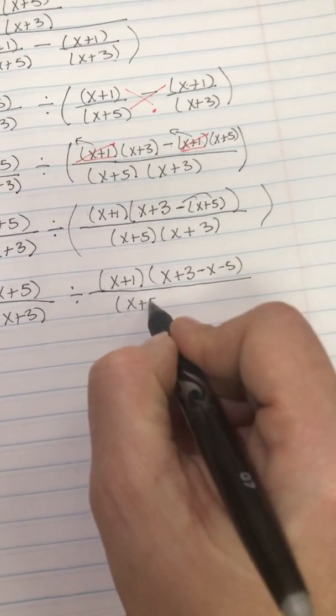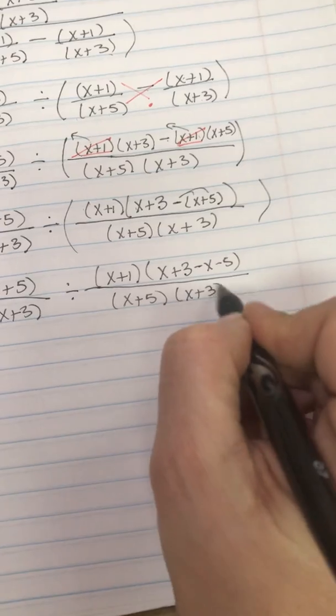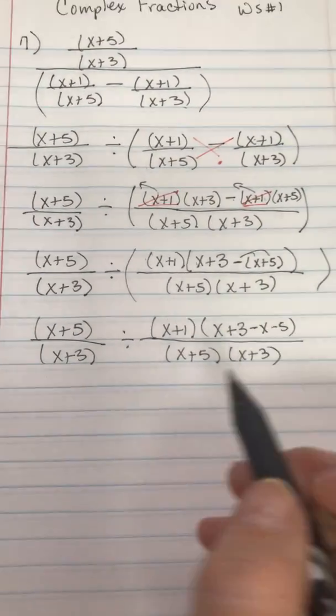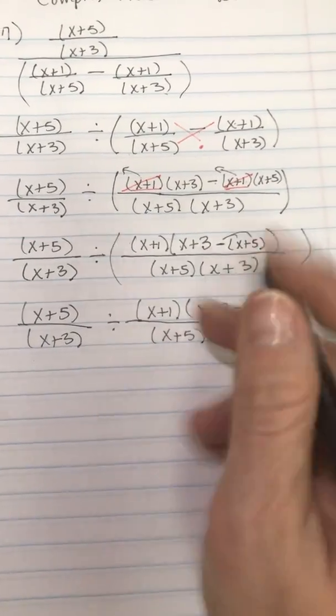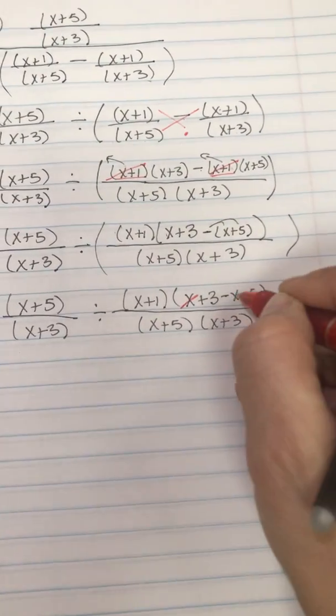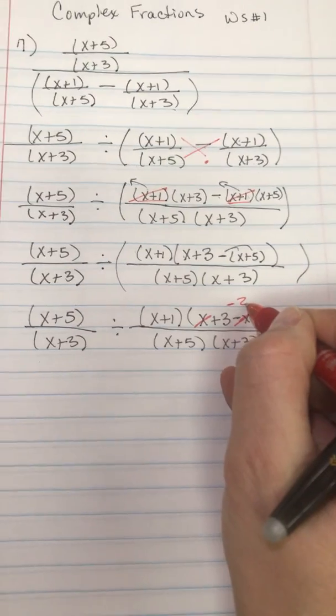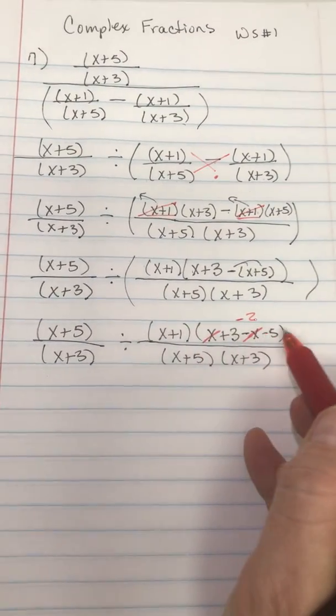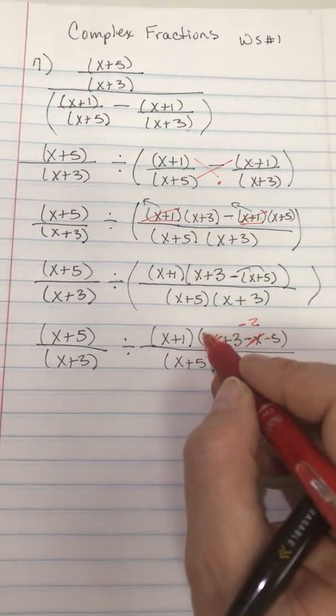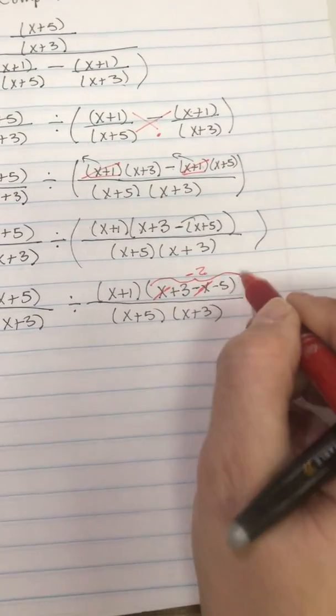Over x plus 5 times x plus 3. Okay? So now what happens here is the x's cancel, and all we're left with is 3 minus 5, which is negative 2. So when I go to simplify this up here, all of this is just negative 2.